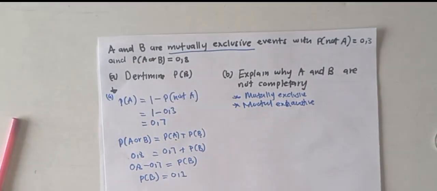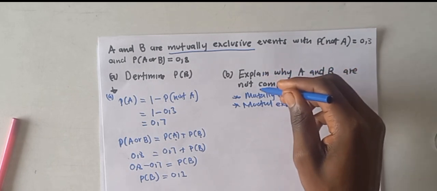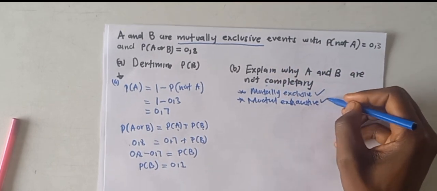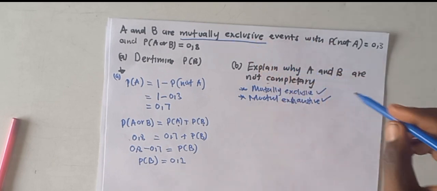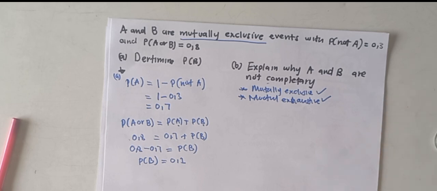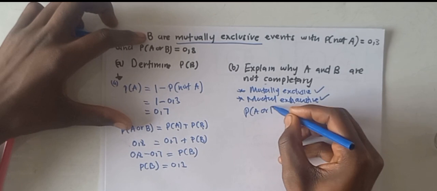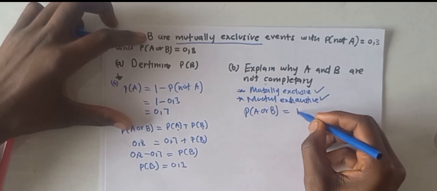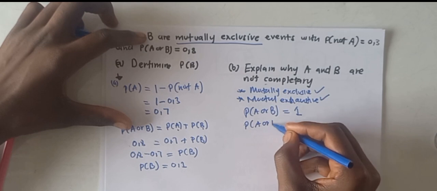For these events to be complementary, they need both properties. First, they are mutually exclusive, we just confirmed it. But are they mutually exhaustive? For that, the probability of A or B has to be equal to 1.